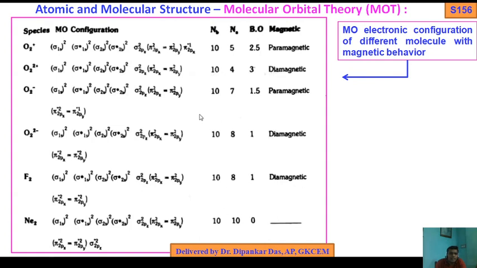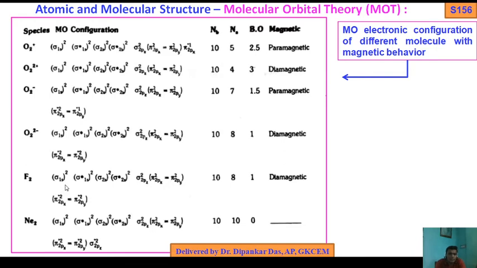Now in case of F2, how many electrons? 9 plus 9, that is 18 electrons, which resembles O2 2 minus, because both possess the same number of electrons, so the MO diagram will be the same.